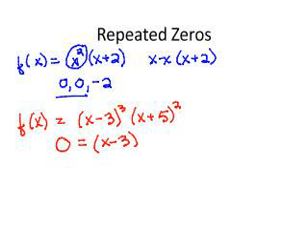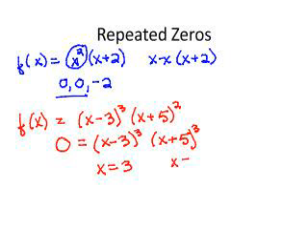So the only way we can get a 0 from these two factors is if one of them is equal to 0. So if I set the first factor equal to 0, then I see that x could be 3, or x could be negative 5. But both of those are repeated zeros.